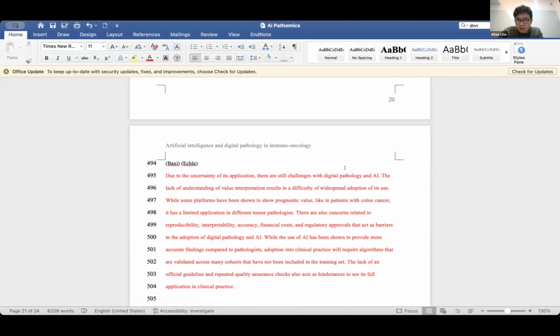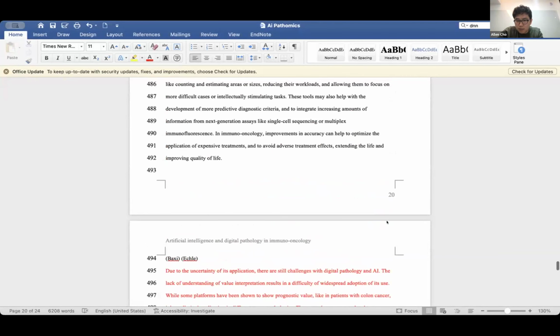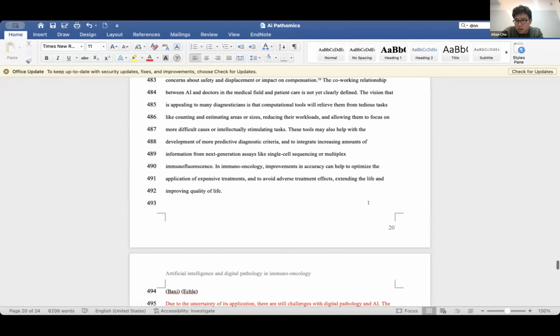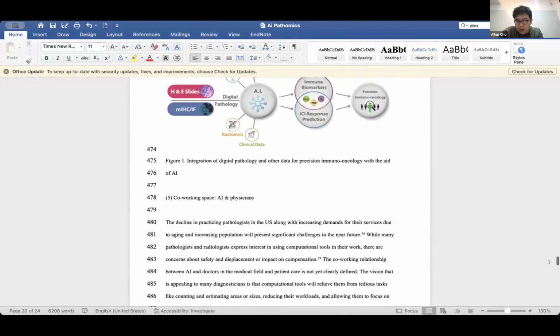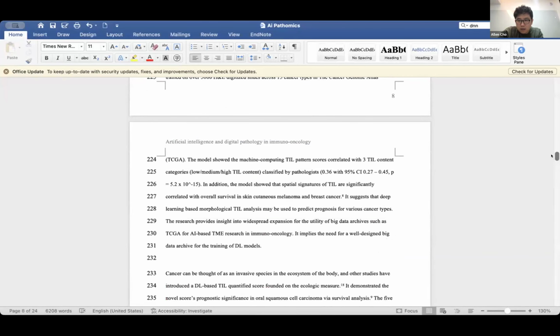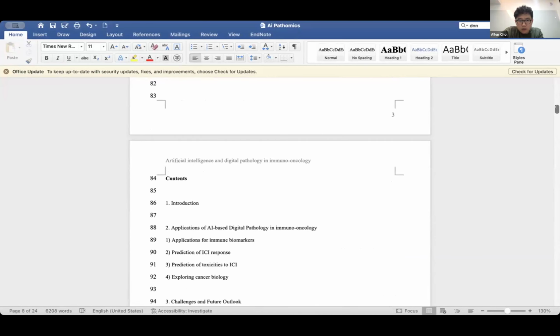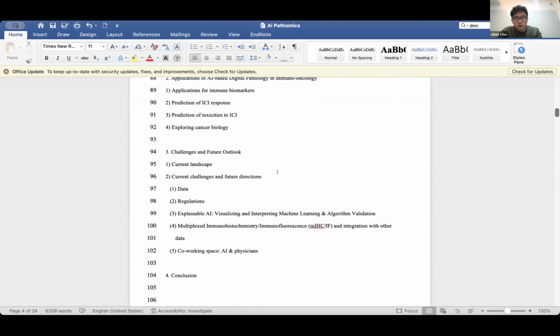But the current subheadings that I have for the limitations of AI pathology are currently set as like this, and so it's data, regulations. Doesn't entirely fit, and I wasn't really sure if I should make a new subheading to fit it into.